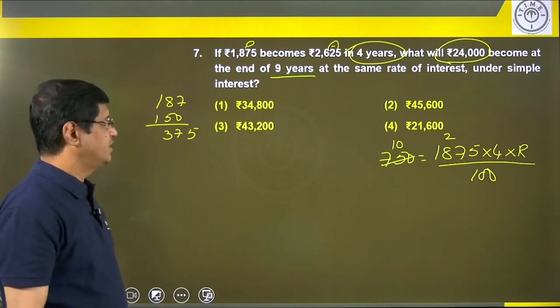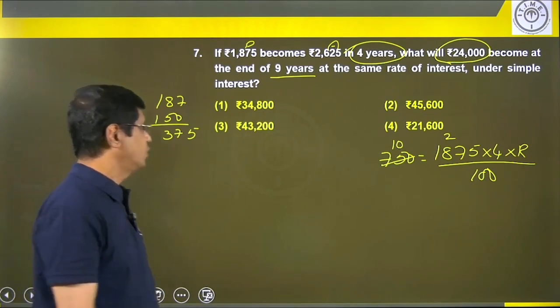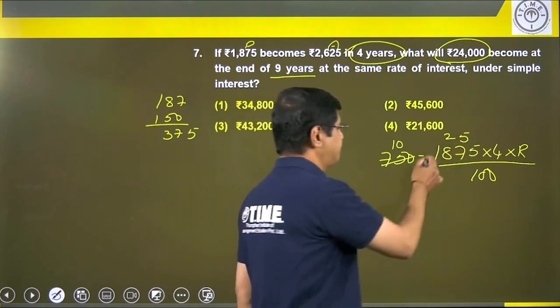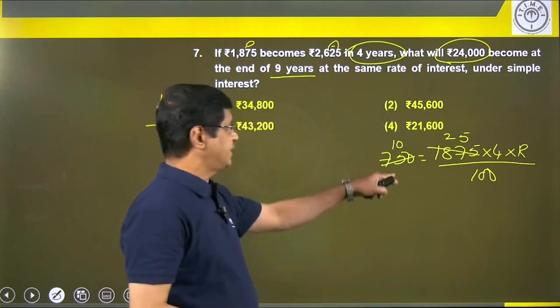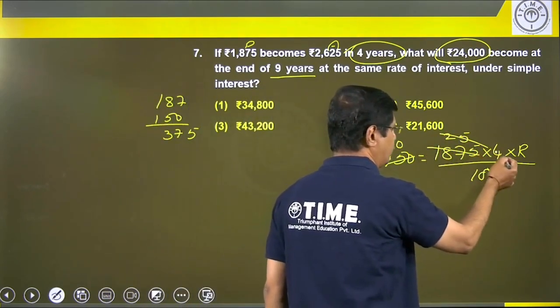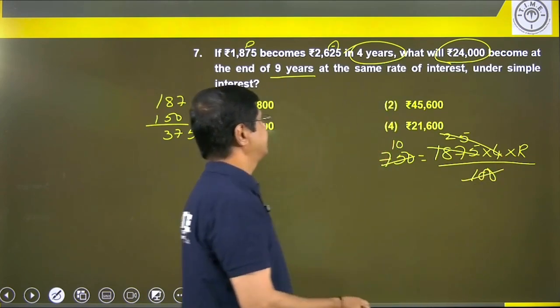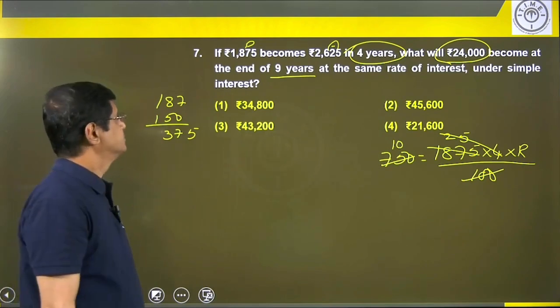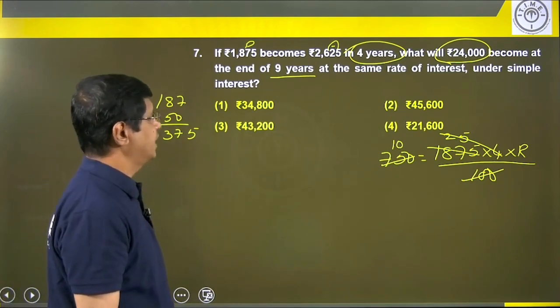Here it is 5 times. So 75, 10 times, 75, 25 times. Now 25 into 4 is 100. Here 100 gets cancelled. The rate of interest is equal to 10% per annum.